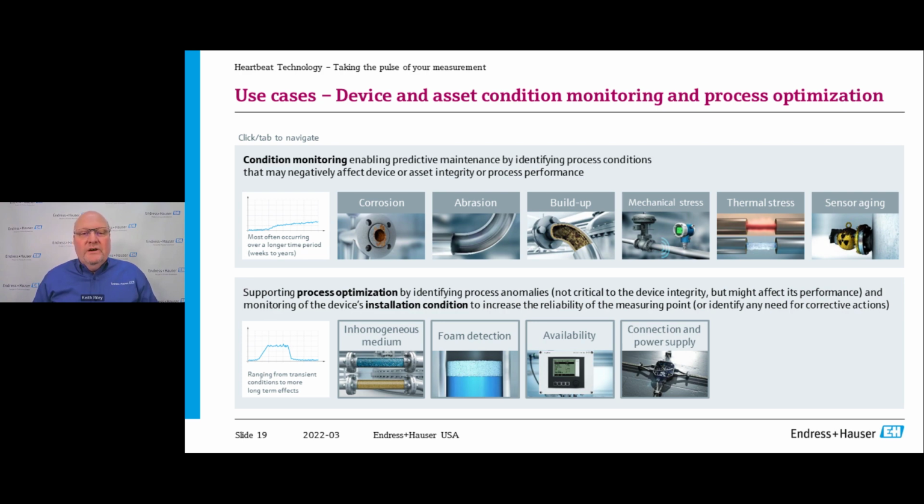As you can see on the screen right now, you've got corrosion, abrasion, mechanical stress, thermal stress, all sorts of other things outside the actual instrument itself that your smart instrument can now help you detect ahead of time, so you can better manage your process, reduce downtime, and increase productivity.